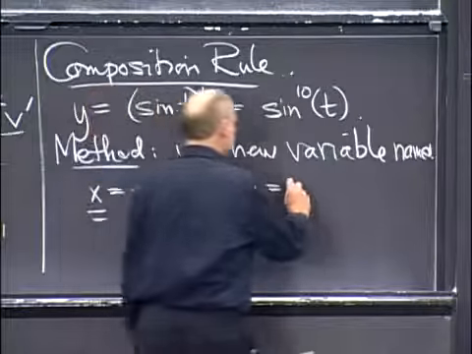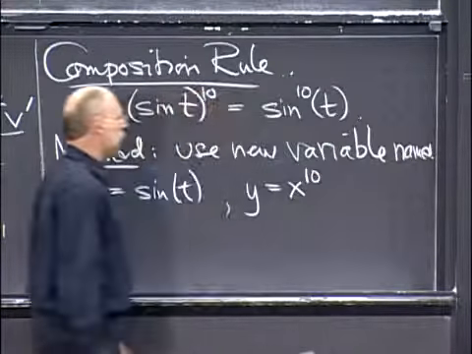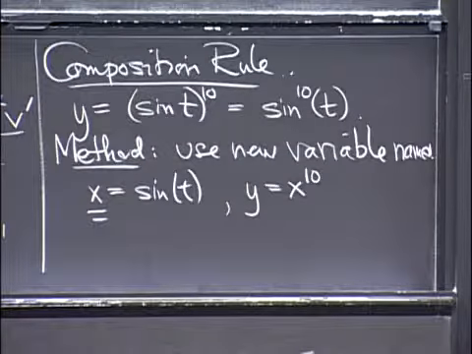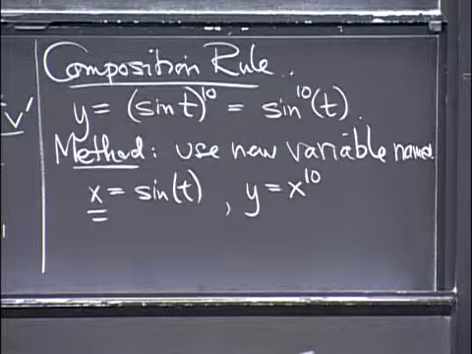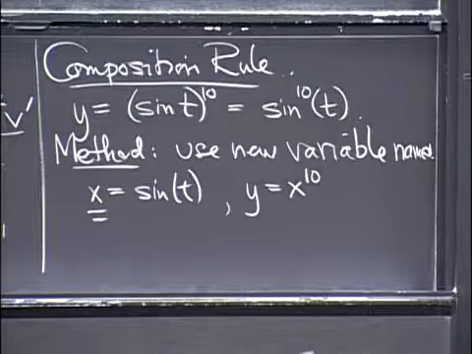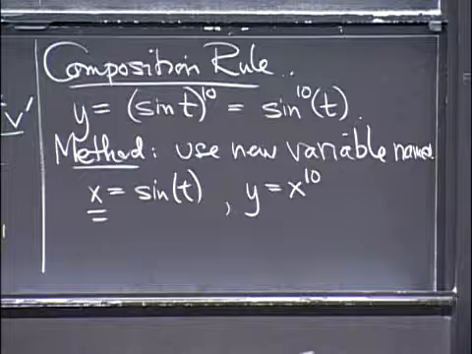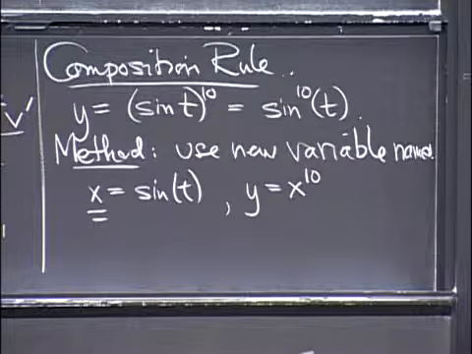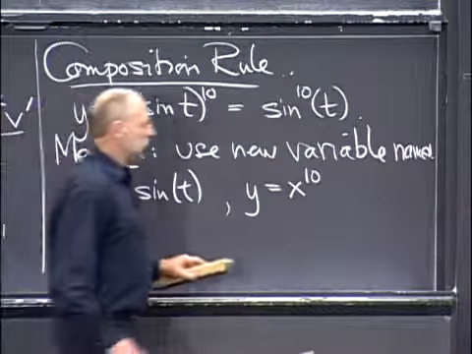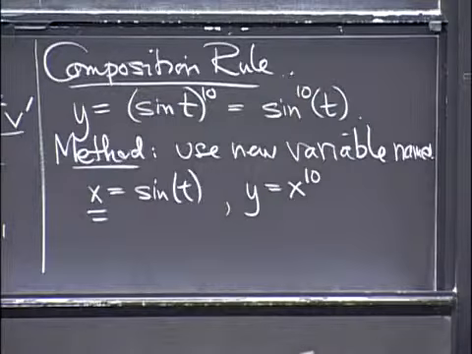In other words, y is the function x to the 10th power. And then you plug x equals sine of t into that, and you get the formula for what y is in terms of t. So it's good practice to introduce new letters when they're convenient, and this is one place where it's very convenient.